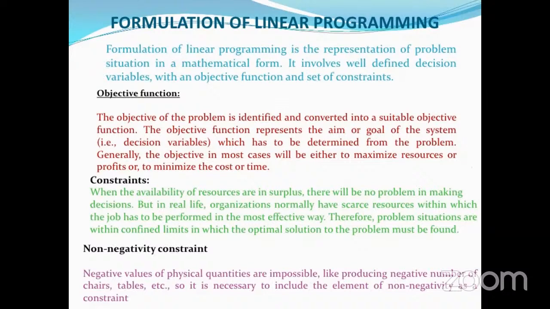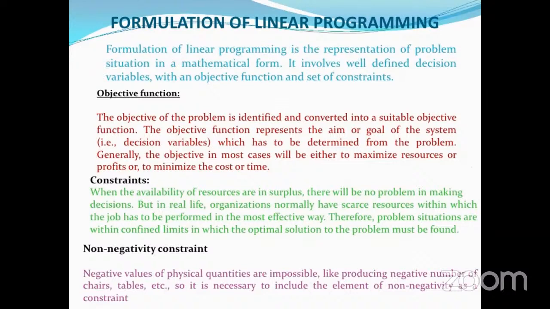By means of the decision variables only, you need to convert it into the objective function. Then you need to find out the conditions and convert them into mathematical equations, and you need to compulsorily put in the non-negativity constraint. All these things are necessary to be kept in every formulation.